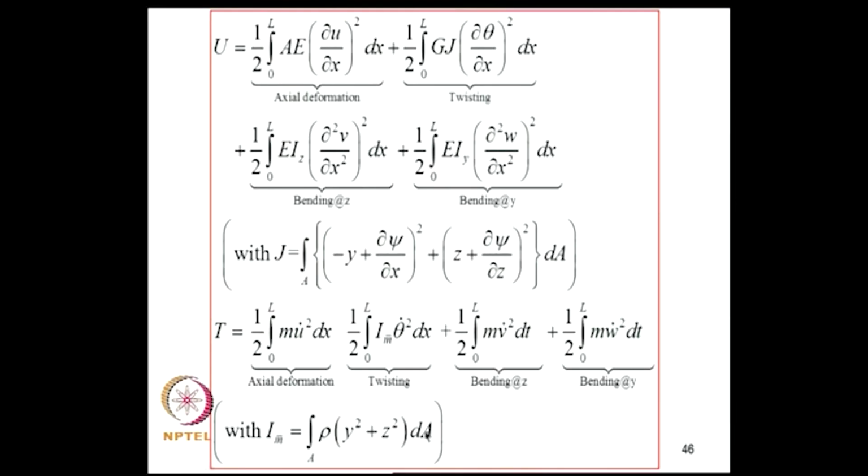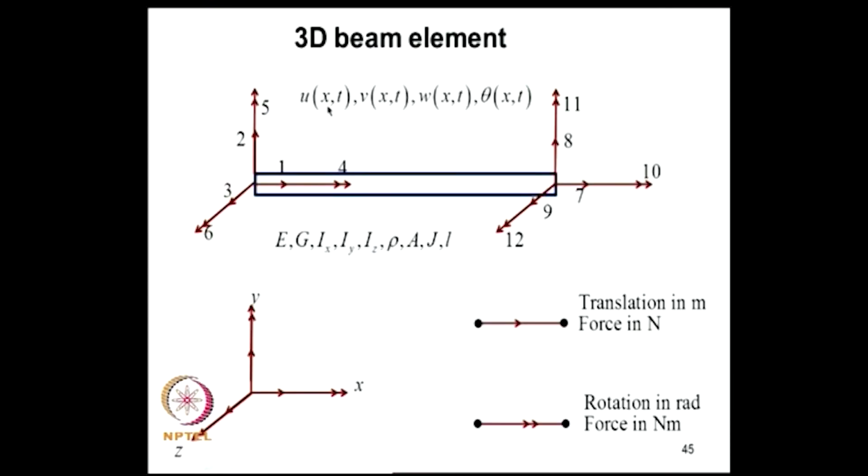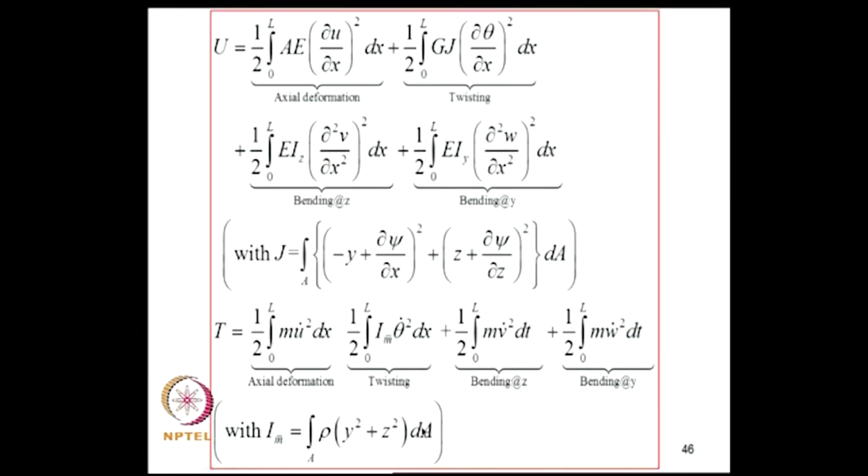Now, for each of these field variables u, theta, v and w, we can use appropriate interpolation functions. So, for u of x comma t, the nodal degrees of freedom are 1 and 7. So, to find u of x, t for any value of x, I should use u1 and u7. Similarly, for v, the degrees of freedom are 2, 6, 8 and 12.